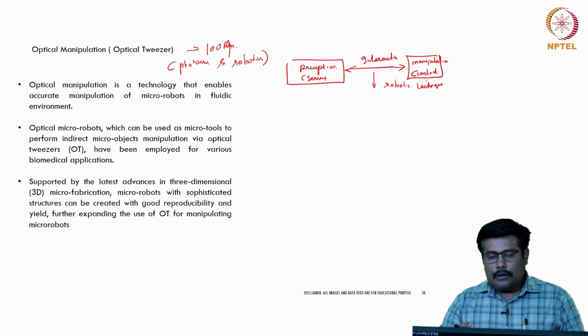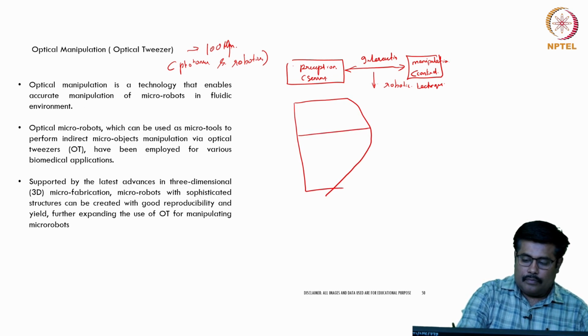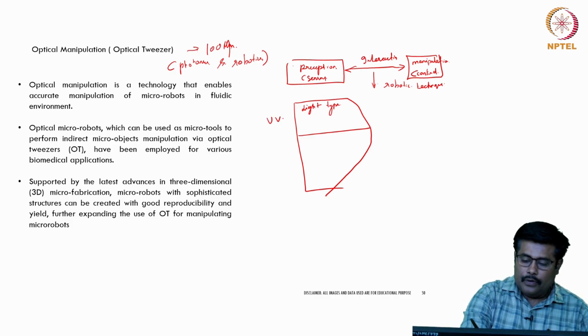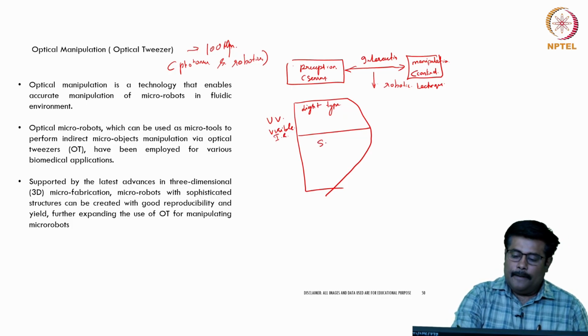Now, if we closely observe the different interactions, there are 4 different modes which come into existence. One is based on the light type, which ideally includes the UV light, the visible band and the infrared. Now, when we talk about the scale, we have the micrometer and the nanometer.